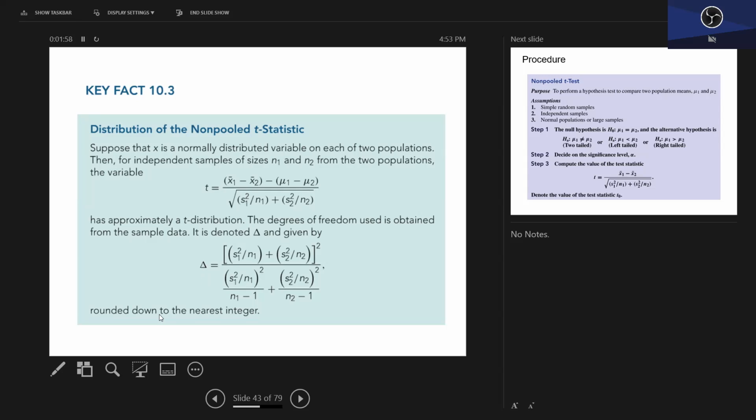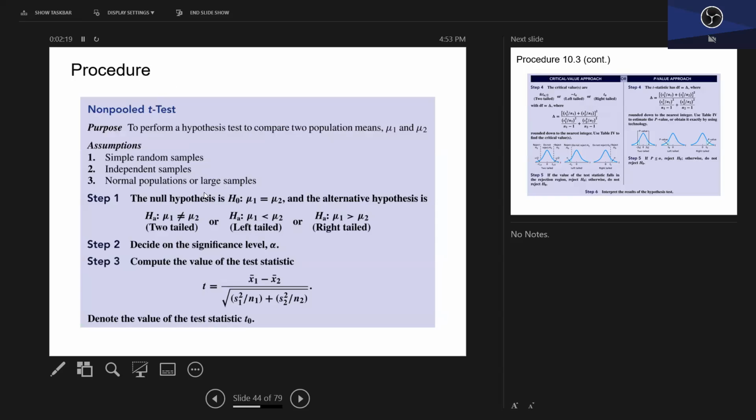I remember when we calculated the minimum sample size, we round it up for the sample size. But here, for degrees of freedom, we round it down. That's a key part. The procedures for the non-pooled t-test are quite similar to what we've had for the pooled t-test.